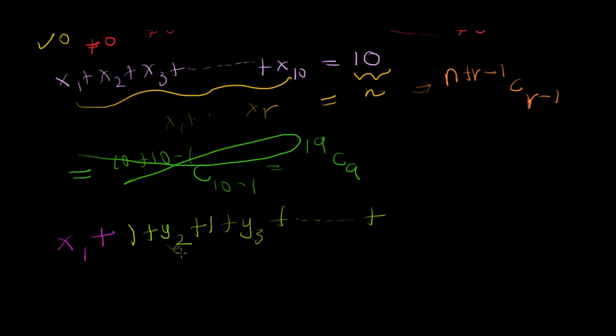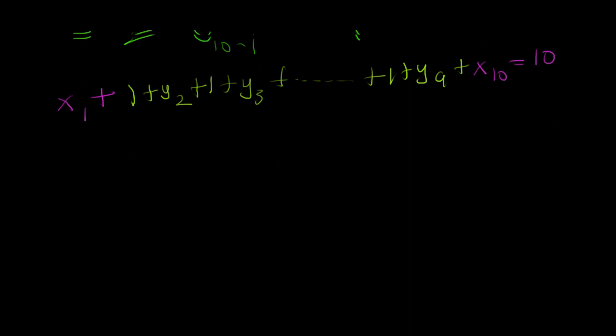Because if y is 0, this whole term is 1, which is allowed. So no matter what y is, from 0 to 9, 1 plus y2 will always be greater than or equal to 1. So plus, and so on till 1 plus y9 plus x10 equals 10.